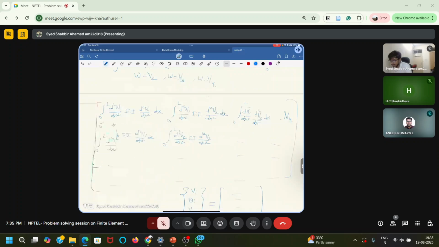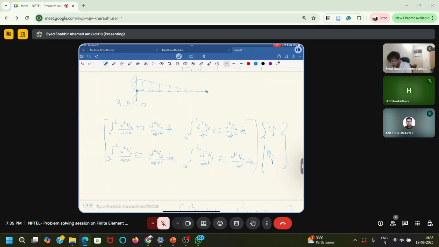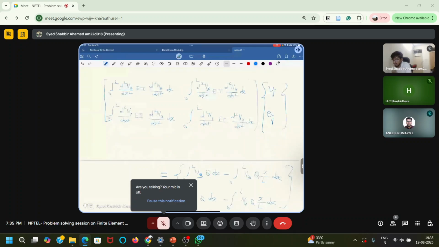But if my domain is very irregular, and if there are a lot of irregularities in loading and a lot of things which can occur, and if I want the computer to solve this problem, computers do everything numerically, so they don't know analytical integrations and all this stuff.